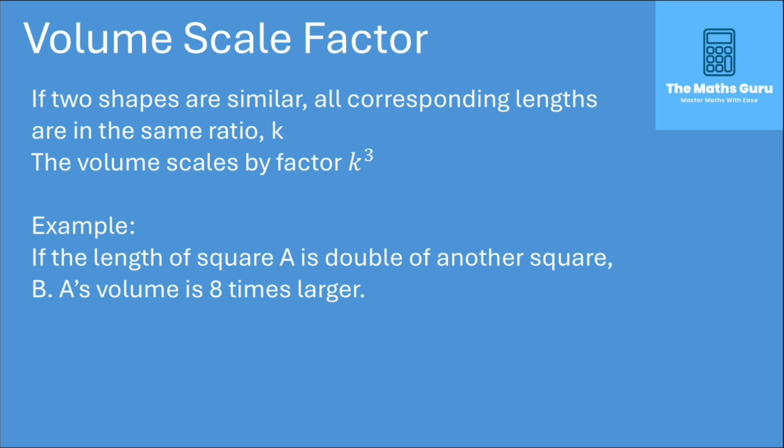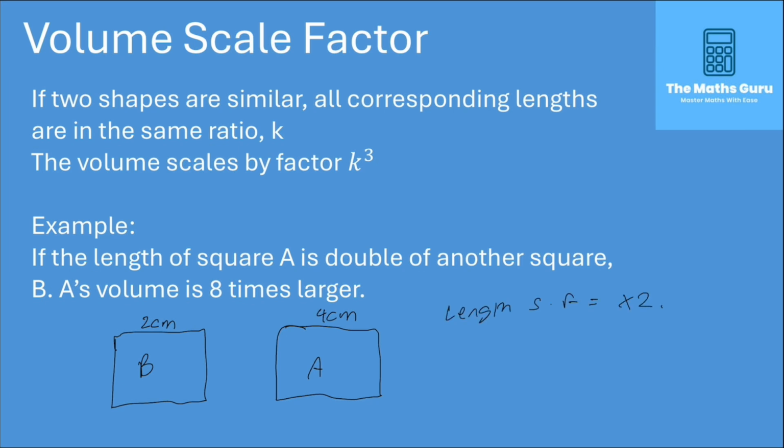So if we have the length of a square A, say it is 4 centimeters, and 2 centimeters in our square B, our length scale factor is equal to times by 2.